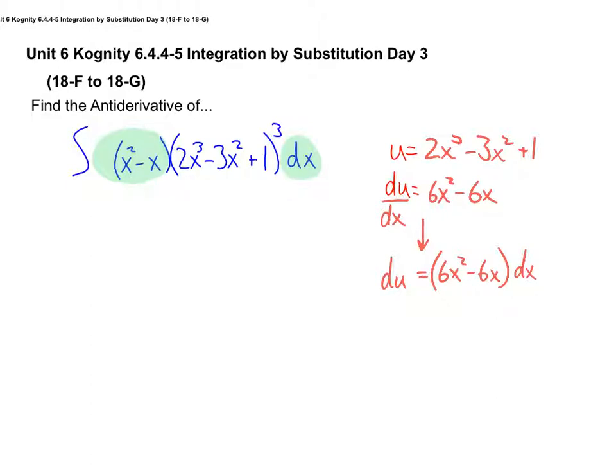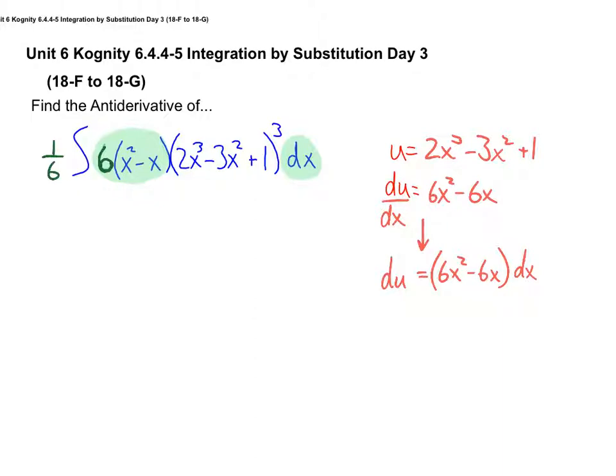We're going to multiply by the 6 on the inside and a 1/6 on the outside, because again, we're just multiplying by 1 so we don't mess up the problem.